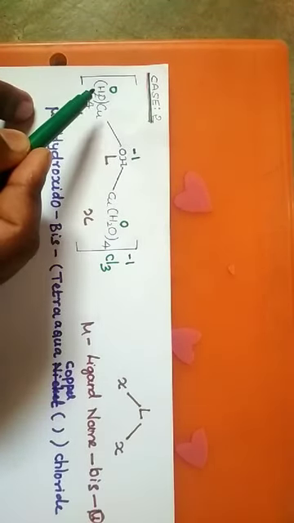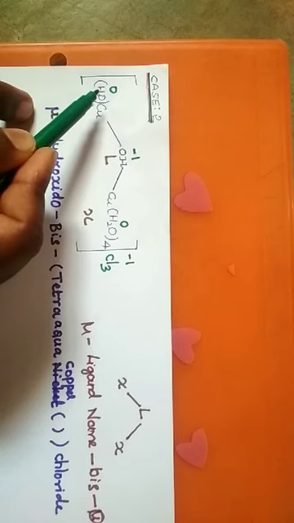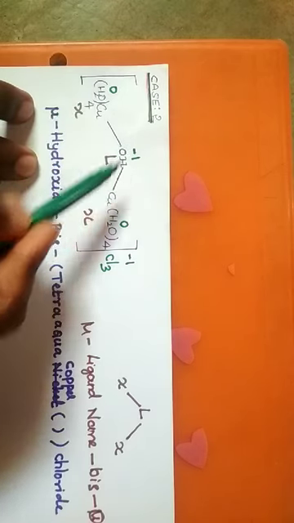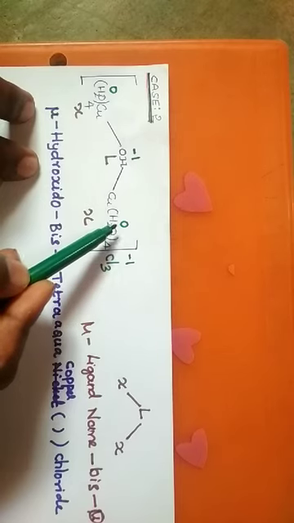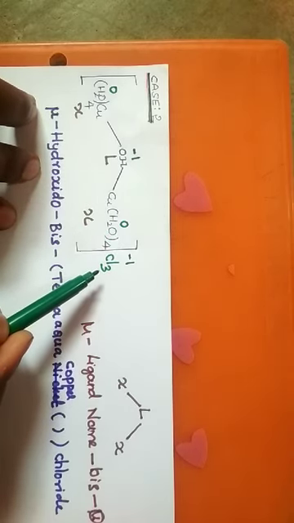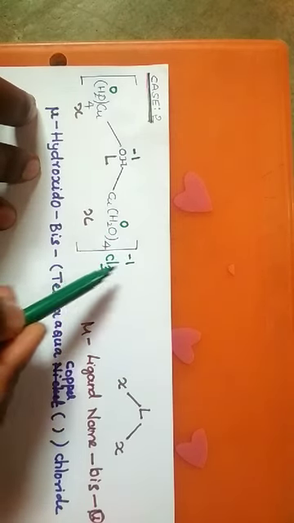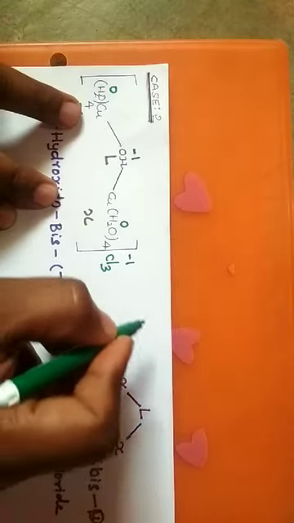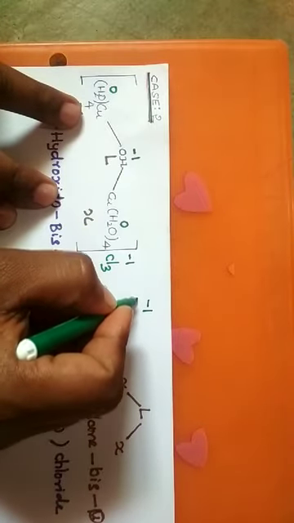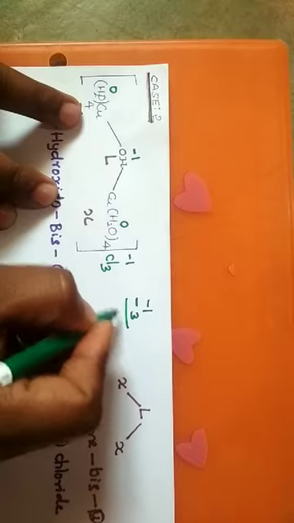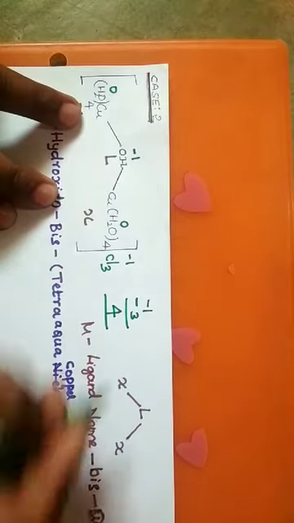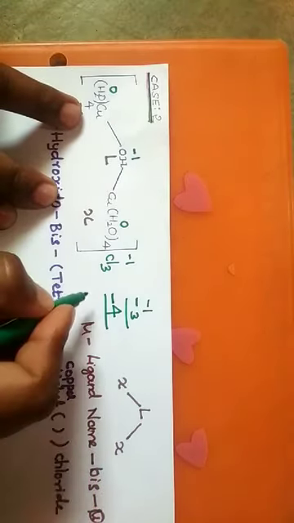For water, the valency is 0, it's neutral, and hydroxyl is -1. Here also water is 0, and chlorine has -1 valency. There are 3 chlorines, -3. Then -1, -3, it becomes -4. If it goes to the right side, it becomes +4.